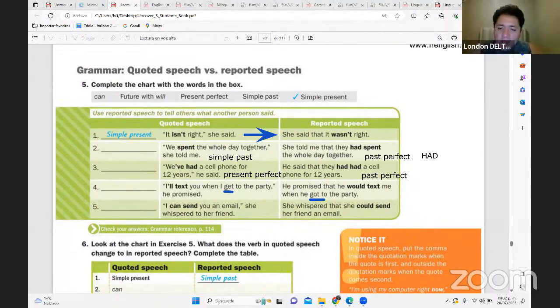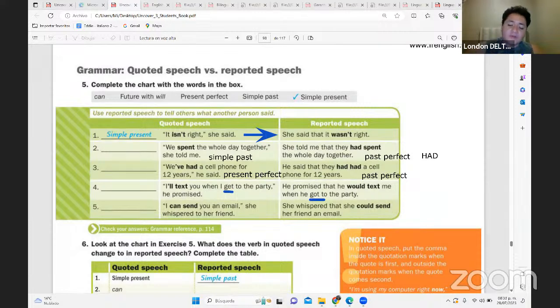Ok, aquí vamos a tener que inventar algún gossiper, ok. Entonces pueden utilizar, no sé, que esto lo dijo Javier, ok. Javier dijo todas estas oraciones. Entonces ustedes tendrían que escribir Javier said, okay, and then you make the sentence.